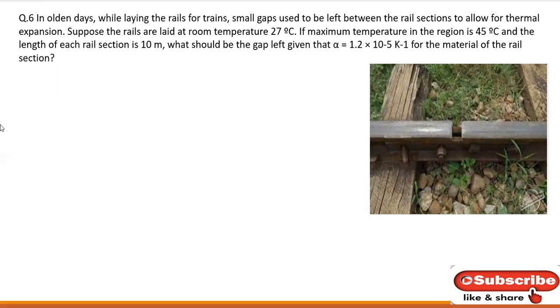We know that. Look at this diagram. Between two rails, a small gap is provided because when the train moves over this, due to friction, it will get heated. As a result of that temperature, it will undergo expansion. So the gap is provided for expansion.